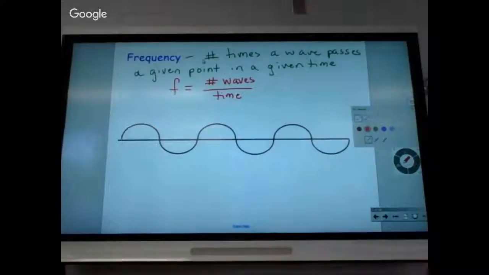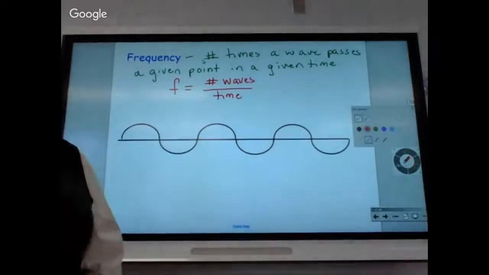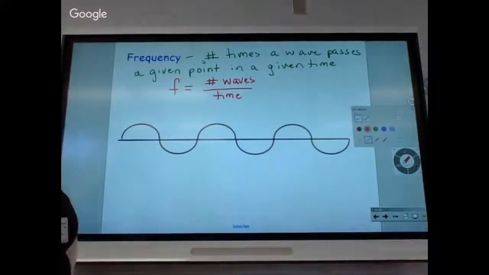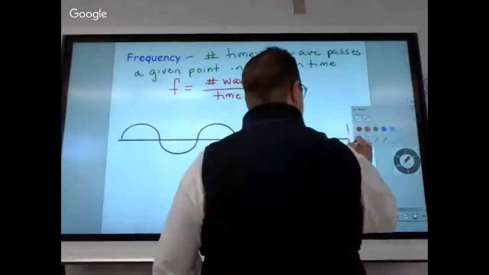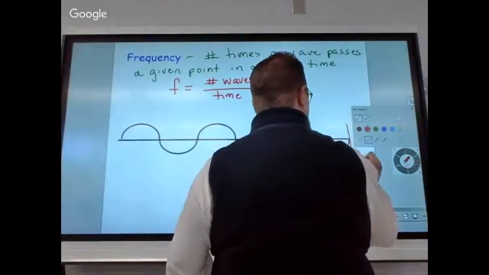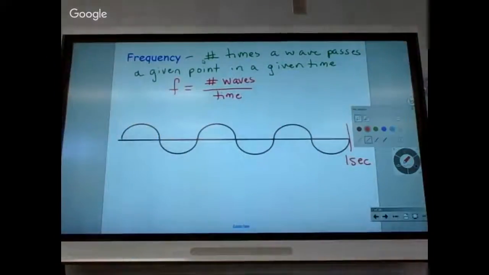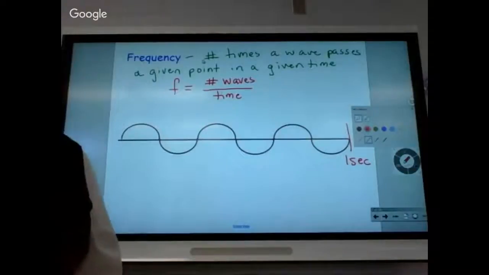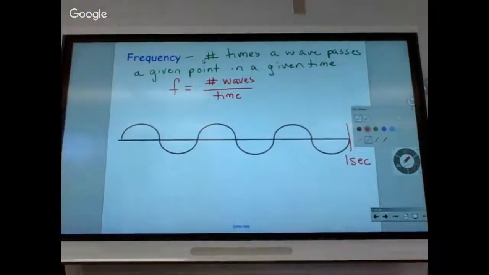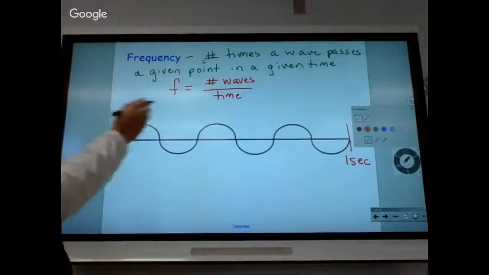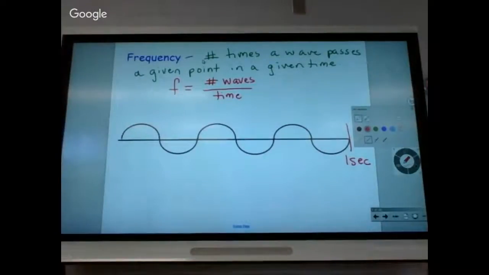What's the easiest time to pick for your wave? 1 second. I know. So every time I draw a wave, I put 1 second at the end of my wave. They put 13, 17, 24. I'm like, what? Whatever, dudes. All right? So they have 3 waves, and they got 24 seconds at the end. And then they're like, why is my frequency so weird? Dude, you picked 24 seconds. 3 over 24 is going to be a decimal every day of the week.